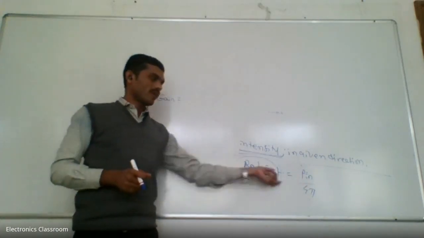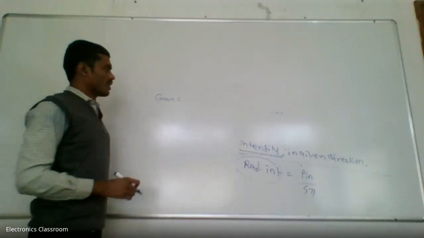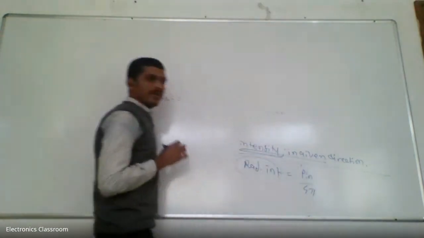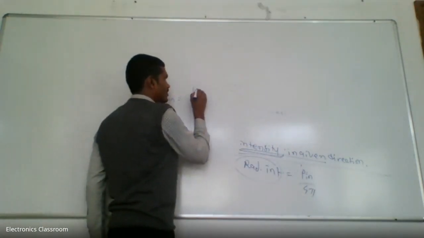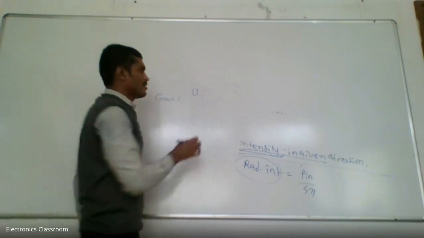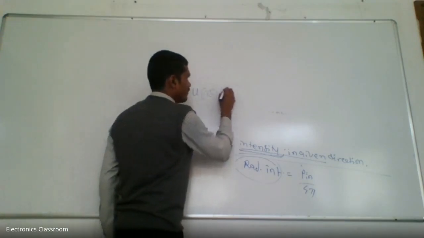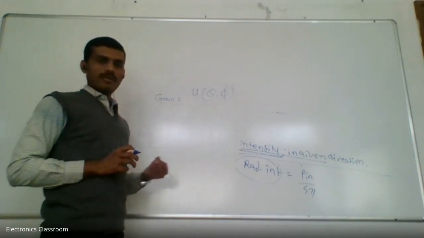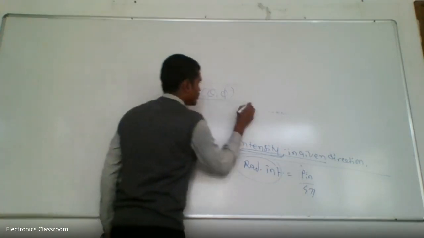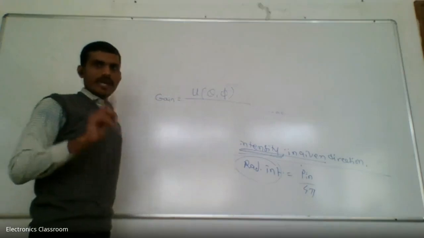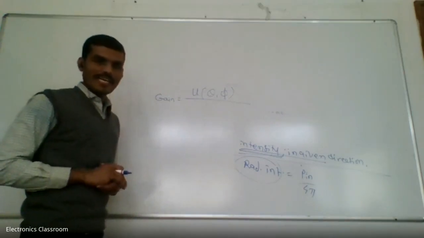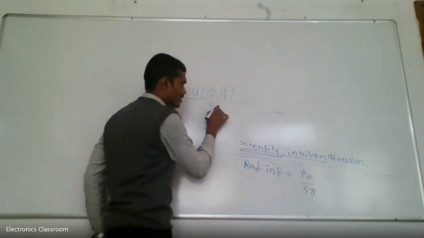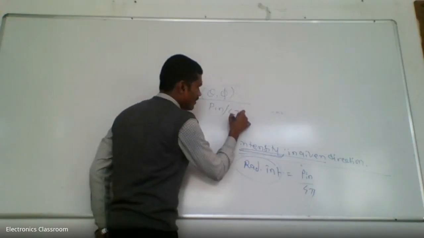Now we can write the equation for the gain: the intensity in a given direction, U of theta comma phi, divided by the radiation intensity corresponding to the isotropically radiated power, which is P in divided by 4 pi.